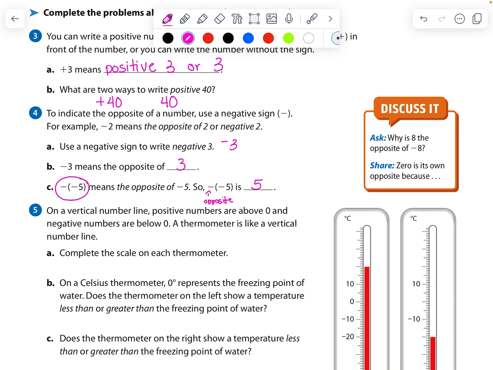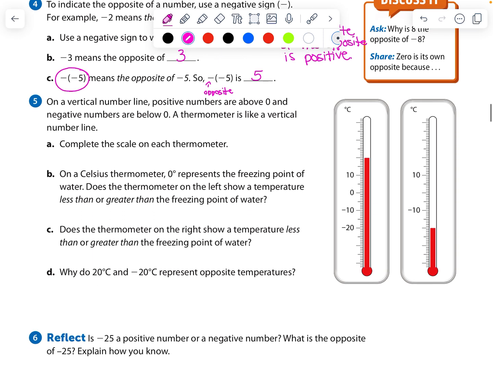So sometimes we just say the opposite of the opposite is positive. Okay, so you can think of that negative sign as an opposite sign.